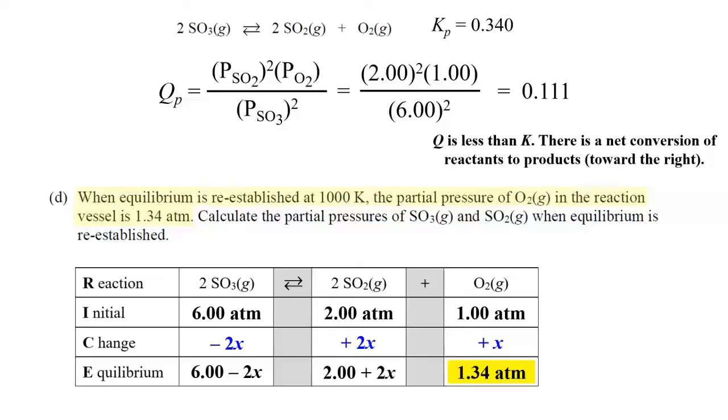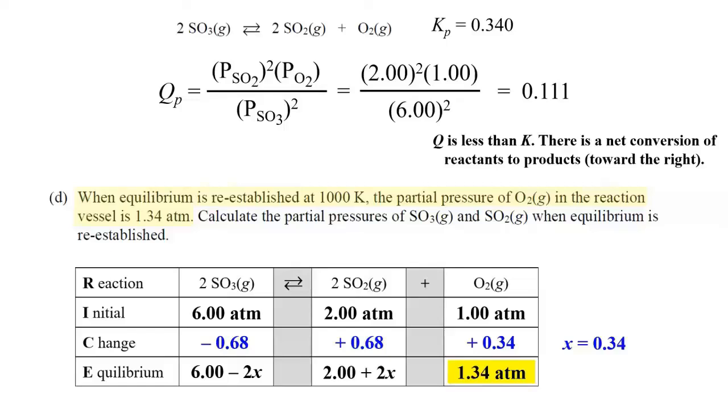The difference between 1 and 1.34 is 0.34, which means that now we can fill in the change row of the RICE table with actual numbers instead of x values. So it's going to be 0.34, or 0.68 for the 2x. So the pressure of the SO3 is going to decrease by 0.68 atmospheres. The pressure of the SO2 is going to increase by 0.68 atmospheres. And then we already know that the pressure of the O2 has increased by 0.34 atmospheres.